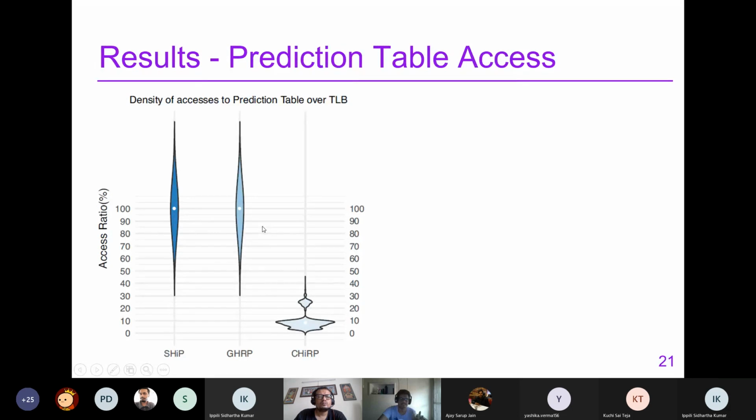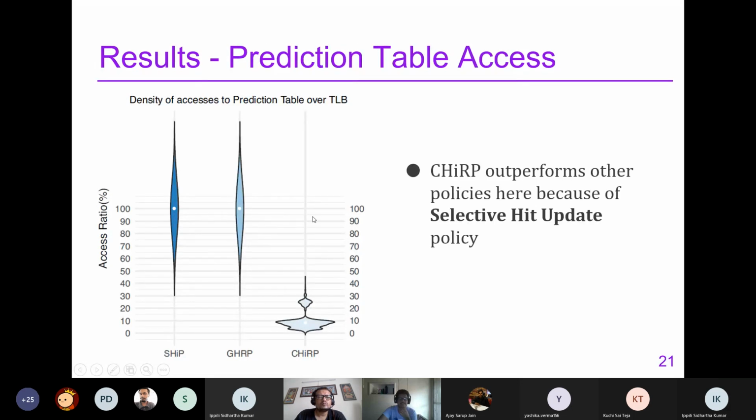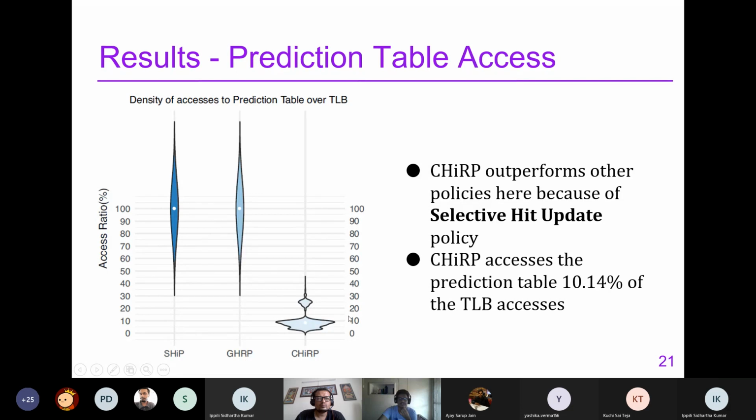One access was made for predicting and one for updating, and therefore it is well over 100% for the other prediction policies. But CHIRP has very few, and this policy is known as the selective hit update policy, as mentioned by the paper. CHIRP accesses the prediction table for only around 10% of TLB accesses.